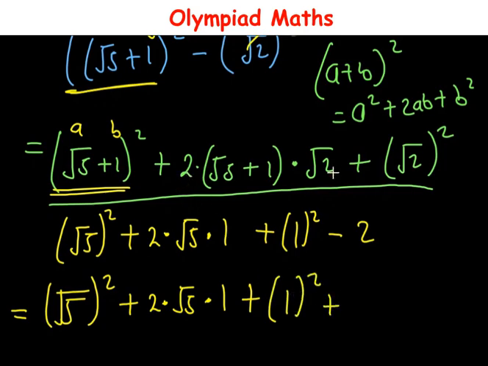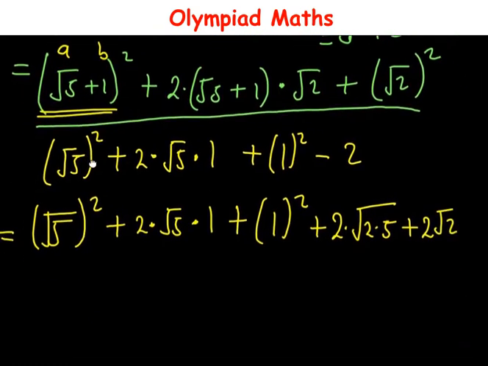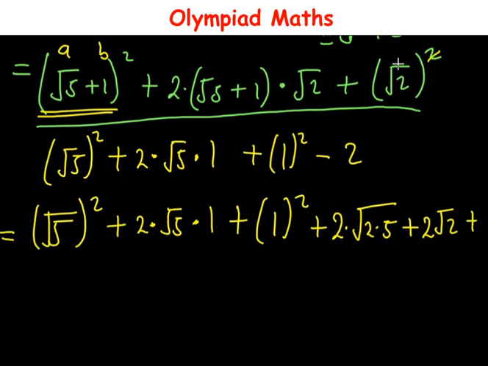Then plus, now 2 times root 2, we open this bracket. 2 times root 2 times root 5 is simply 2 times root 2 times 5, then plus 2 times root 2 times 1 is simply 2 root 2. The next one is plus square, we cancel square root, what we have is 2.